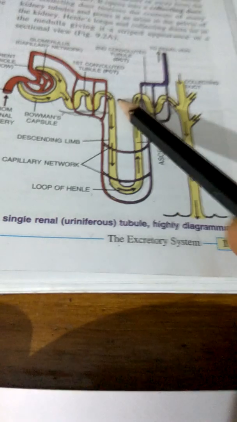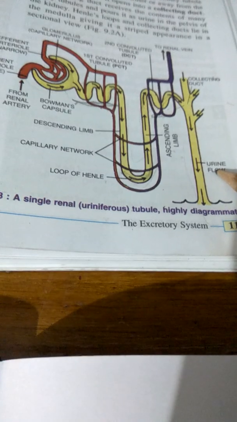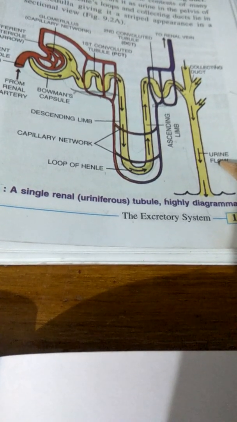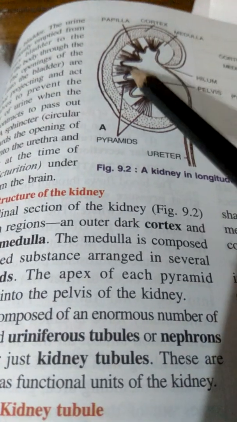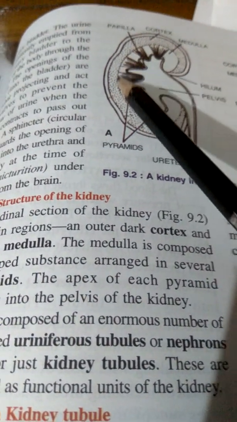Now we'll find that the loop of Henle, this U-shaped part, and the collecting duct all lie in the medulla of the kidney, the center, inner, lighter portion of the kidney.